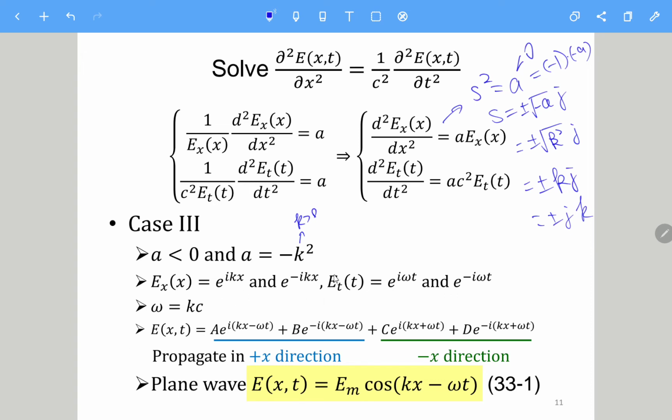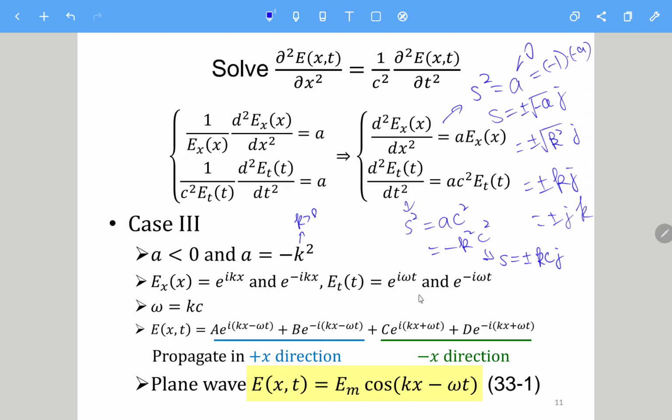Similarly, for T of t, we solve this one, which means we have s squared equals A c squared, and we change this to 1. Again A is a negative number, so we have negative k squared c squared. In that case, s equals plus or minus kc times j.